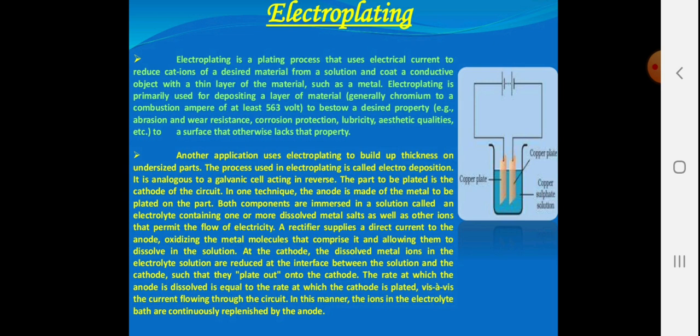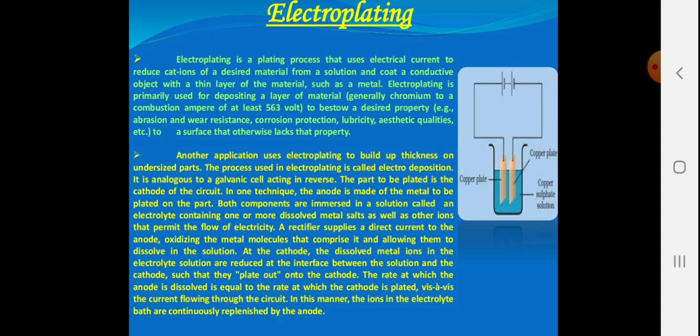The part to be plated is the cathode of the circuit. In one technique, the anode is made of the metal to be plated on the part. Both the components are immersed in a solution called an electrolyte, containing one or more dissolved metal salts as well as other ions that permit the flow of electricity.